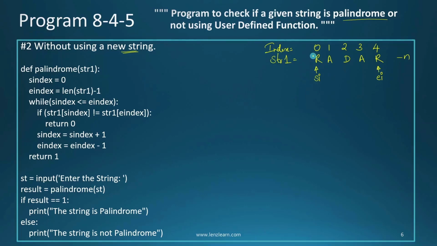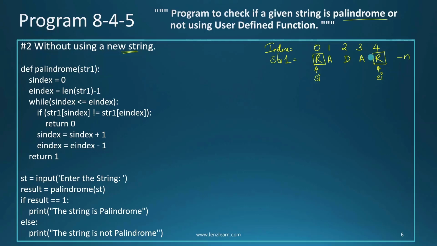Now I will check whether the character that is available in the first position and the last position are same. If they are different, then this can never be a palindrome, because you see this last character is going to be the first character and then it will not match, right? So it has to be the same if it is a palindrome.